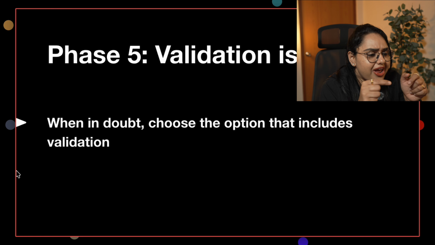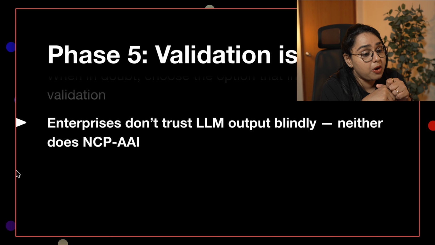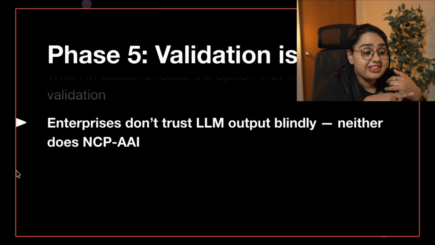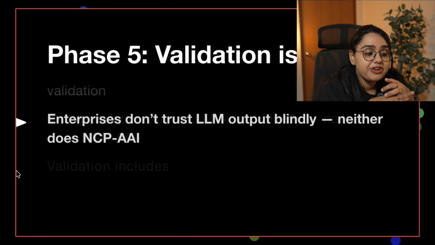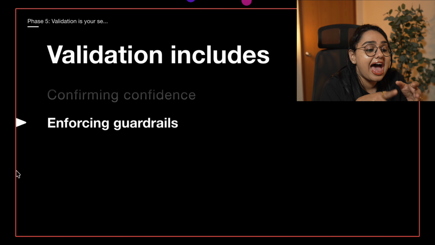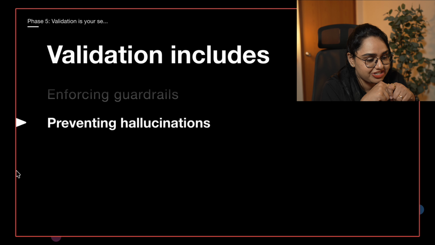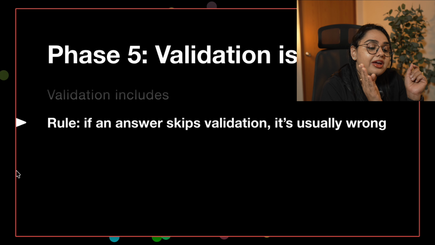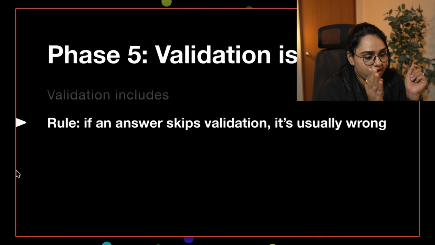Actually, enterprises don't trust LLM output blindly. Neither does the NCP-AAI. Validation actually means checking the correctness, confirming the confidence, enforcing guardrails, and preventing hallucinations. If an answer skips validation, it is usually wrong. Yes, it is usually wrong.